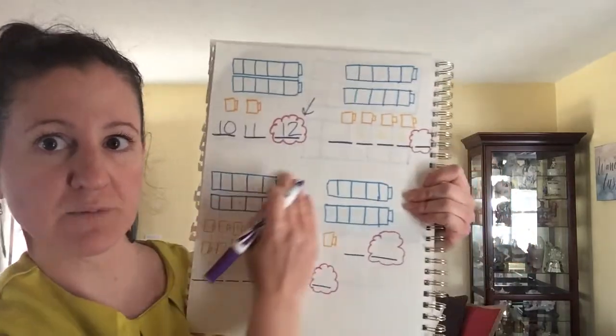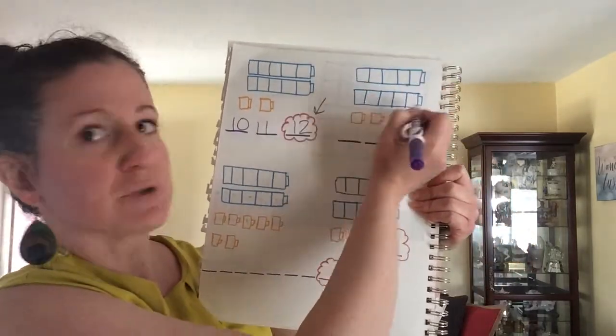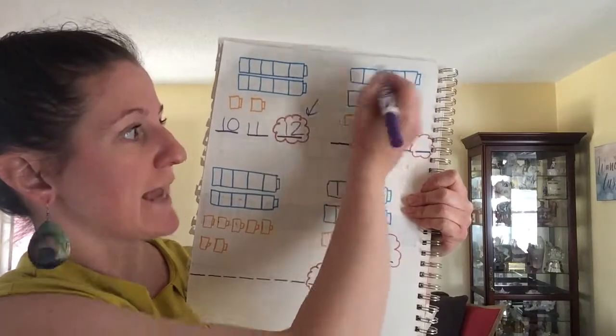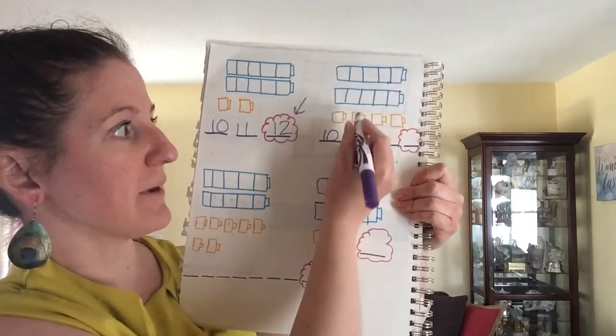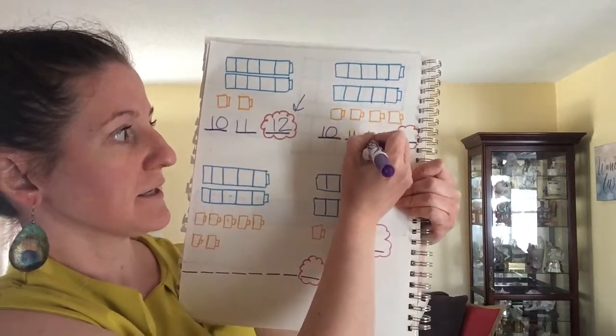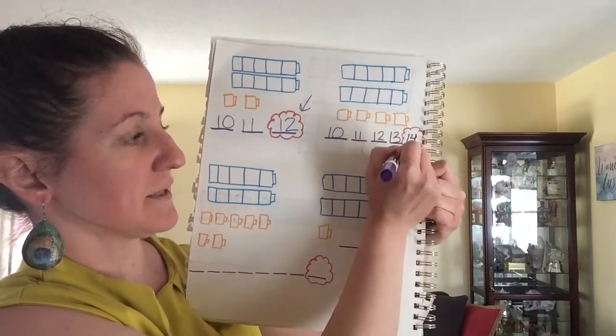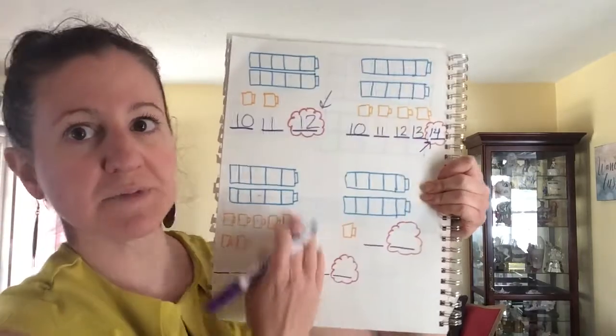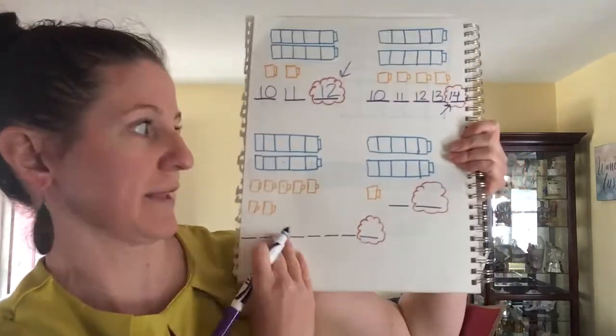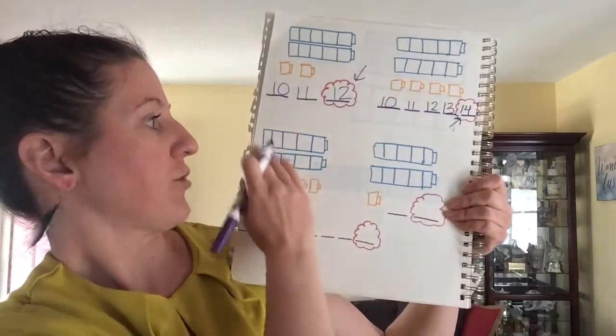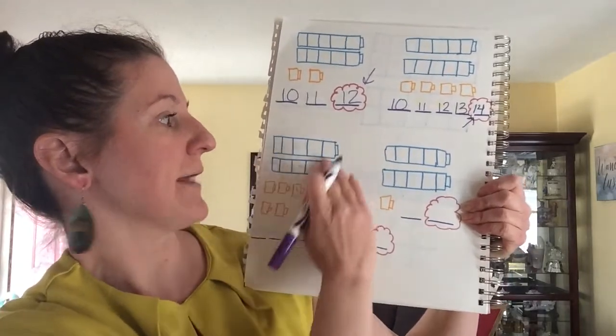All right, let's try this one here. I know that my blues equal 10 total. So I'm going to write my 10 here, and then I'm going to count on 11, 12, 13, 14. So my total number of snap cubes here is 14. All right, let's try this one down here. I know that my blue snap cubes equal 10.